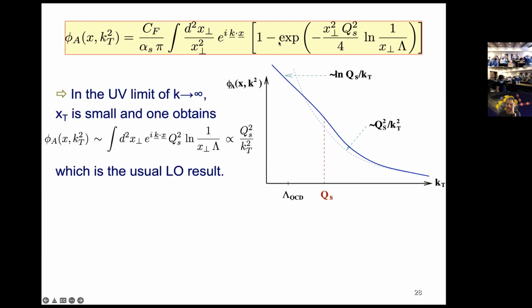If x_perp is small, we expand this 1 minus exponential, we get a log. We Fourier transform the log. The two-dimensional Fourier transform of a log is just 1 over k_T^2. So we just get a usual perturbative 1 over k_T^2 fall-off of this distribution, as you have for most TMDs, at least leading twist TMDs at large k_T.